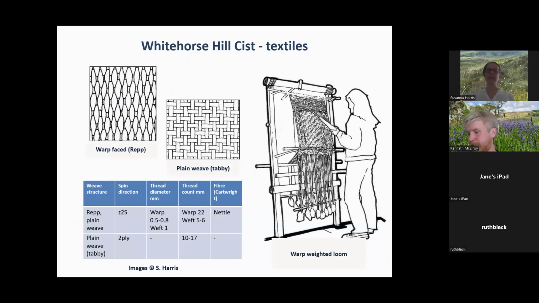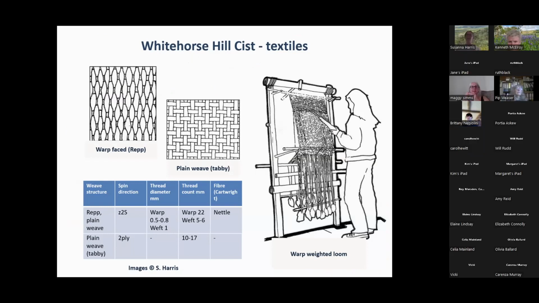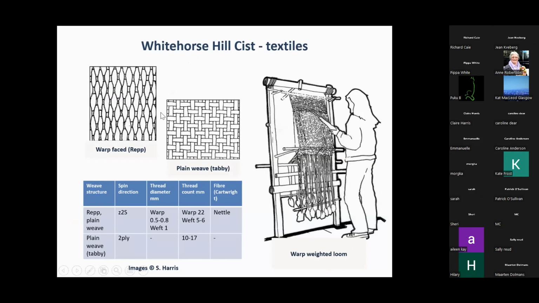So in terms of technologies, here I've introduced for the first time the preserved textiles. Throughout the Bronze Age in Britain, actually the textile technology is really rather consistent. These are technologies of what we call plain weave fabrics, so simple 1 over 1 under weave, so that they alternate in each row. And these diagrams show you variations of that.